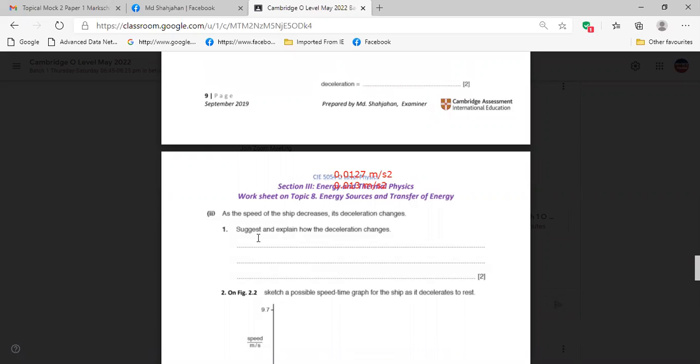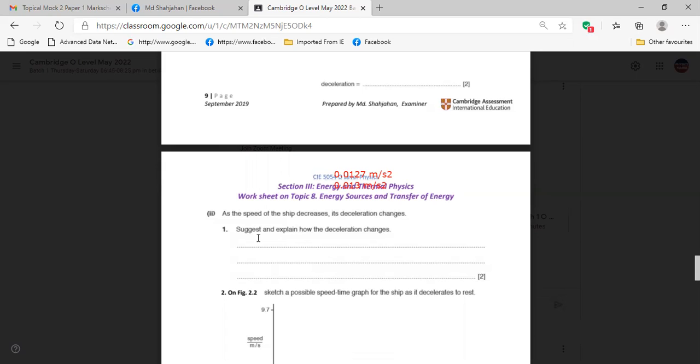So as the speed of the ship decreases, the deceleration changes. Suggest and explain how the deceleration changes. If we walk, we get some air resistance. If we run, we get more air resistance, right? So it's related to speed.